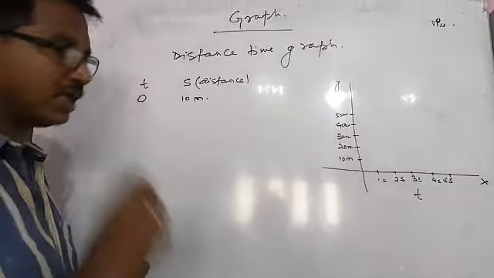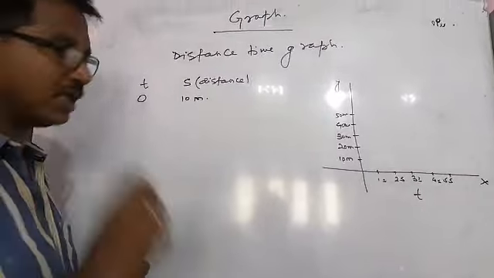In 0 second the body was at 10 meter. In 1 second the body was at 20 meter, right? 1, 20 are the coordinates, and 2, 30: 2 is the abscissa, 30 is the ordinate. 2, 30, so where do you get the point?